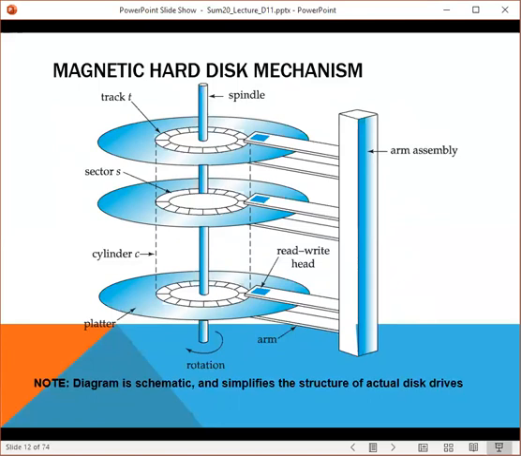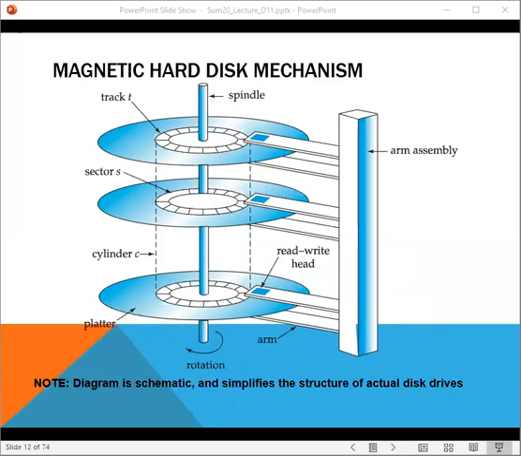As the disk rotates, the head describes a circle on the platter that's called a track. A track is too large a unit of data to be practical, so the track is divided into sectors. And a sector is the smallest unit of data that can be read from or written to a disk.